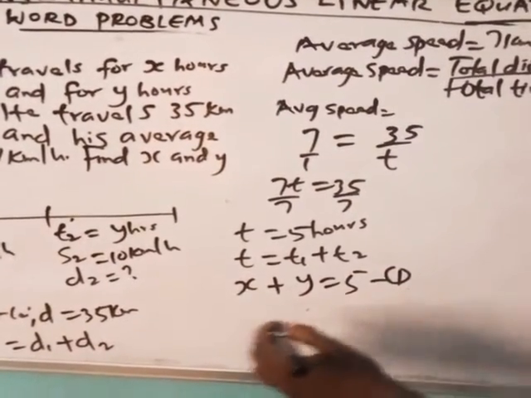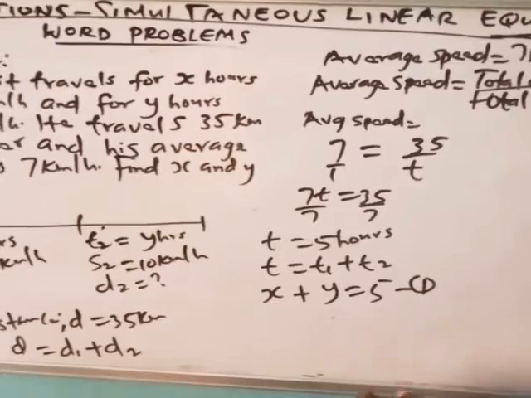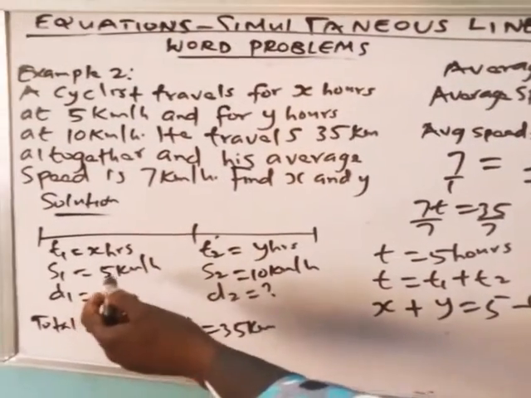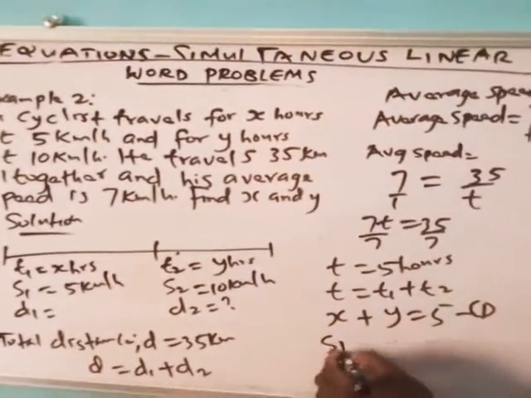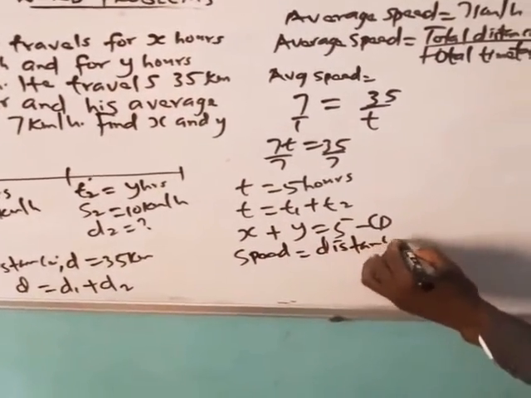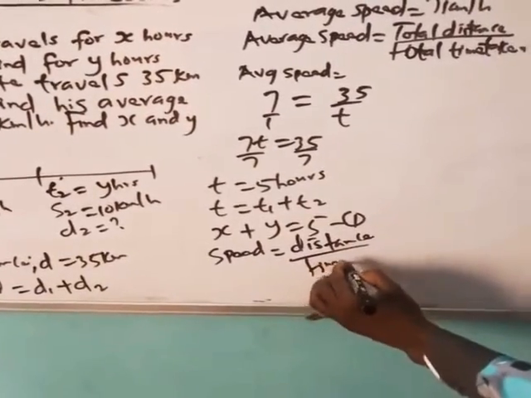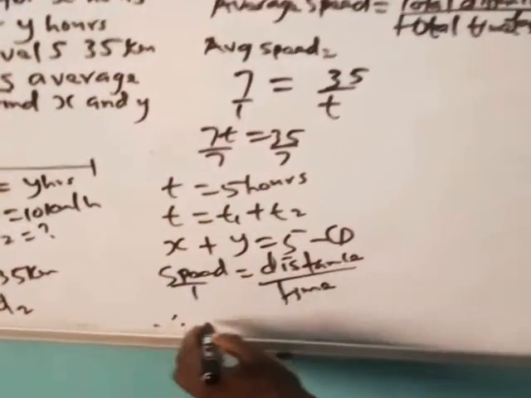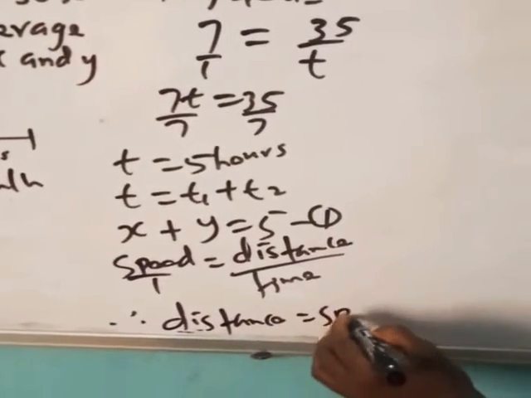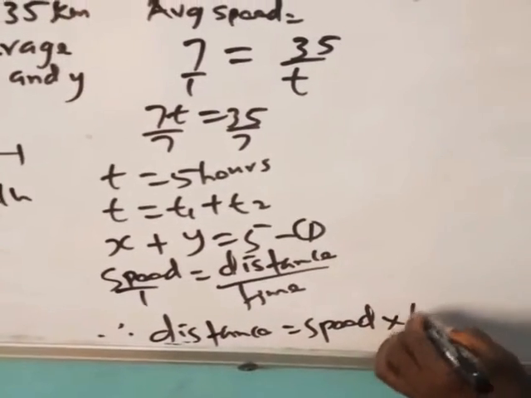Then back to the distance, total distance. Total distance is given to you, so you can find the individual distances in those journeys. So speed is distance over time. Therefore, when you cross multiply, your distance is speed times time.